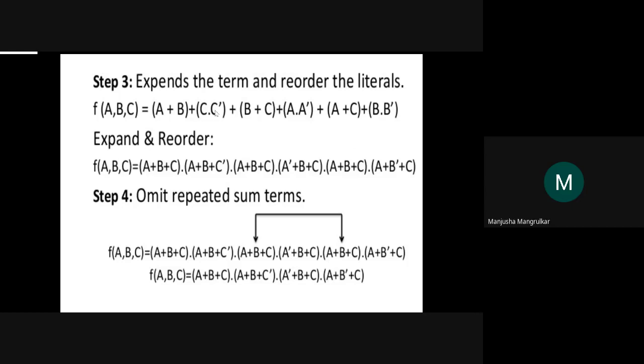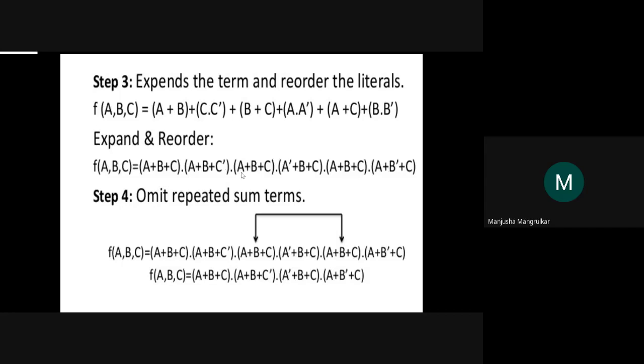We are adding the missing terms. If you expand, A or B or C, product A or B or C complement.